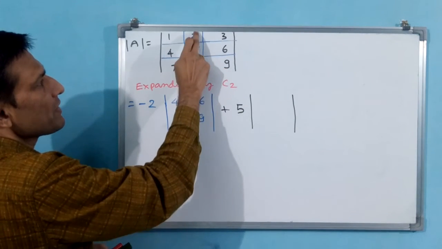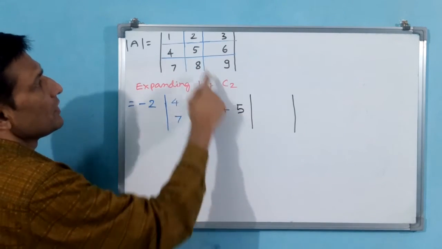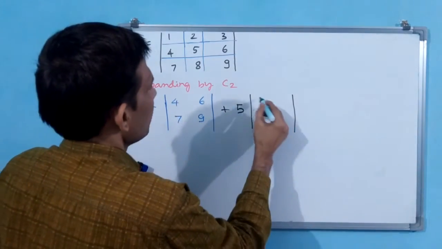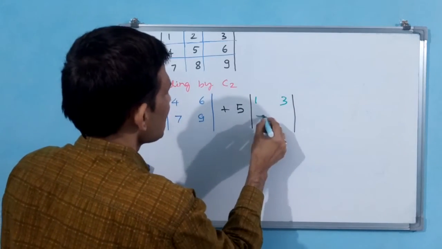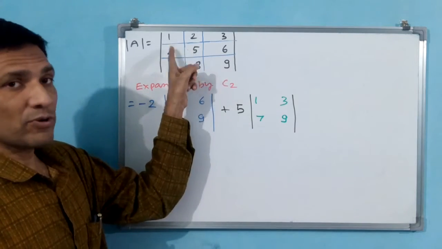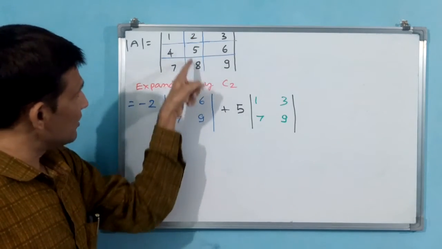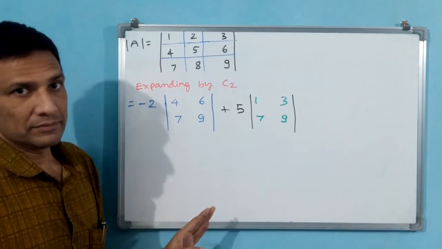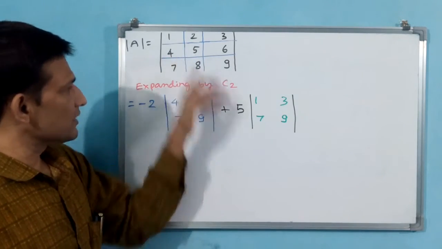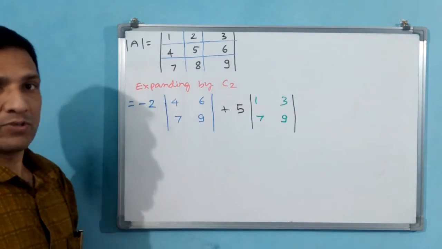Because 5 is in second row, second column, so you should not take the second row elements or the second column elements. In the second row 4, 6 are there; you should not take them. And 2, 8 are there; you should not take them. Remaining are 1, 3, 7, 9 only. Like this you have to do.